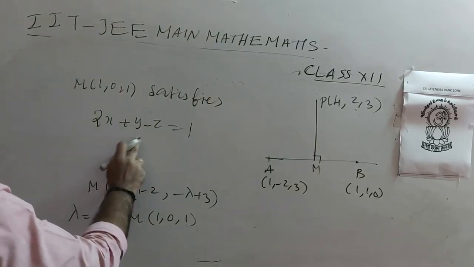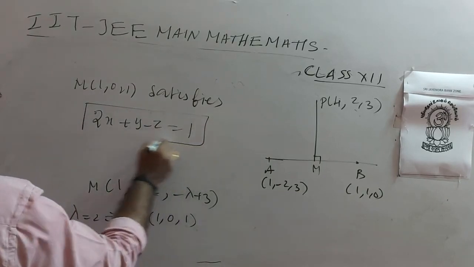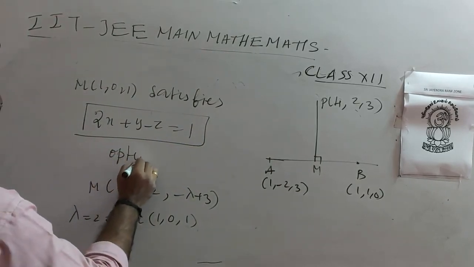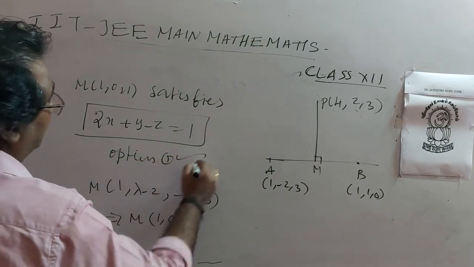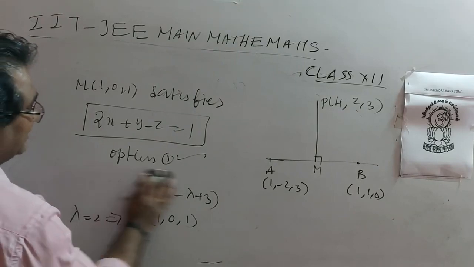Two plus 0 minus 1, 2 minus 1, 1. So option 1 is correct.